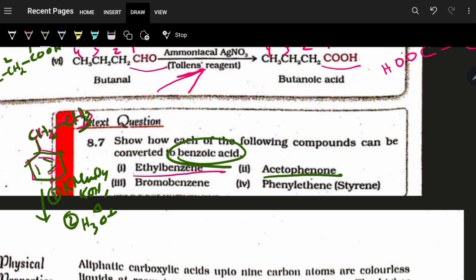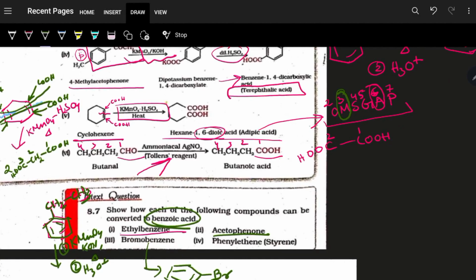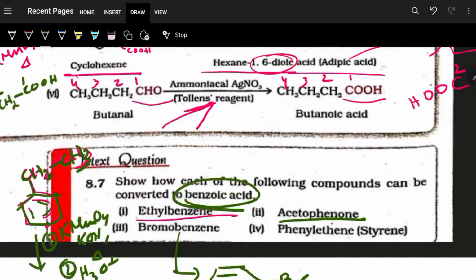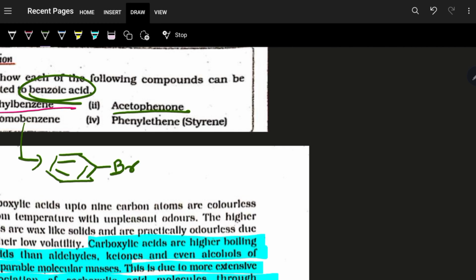Acetophenone to benzoic acid, just now I have shown you. Bromobenzene to benzoic acid. Can you guess what to do? Here we have started with a compound having a halogen. So convert it to Grignard, give CO2 and then follow with H3O plus. First convert it to Grignard, so Mg in presence of dry ether.